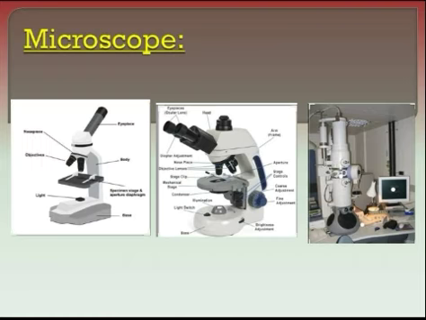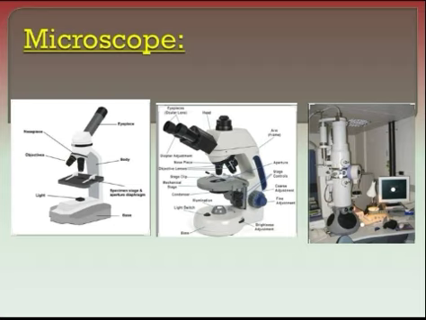Before we go to know the cell and its structures, first of all we know how many types of microscopes there are. There are three types of microscope. One is simple microscope, compound microscope and electronic microscope. The simple microscope is used to enlarge the image of the cell or outer features of the cell.